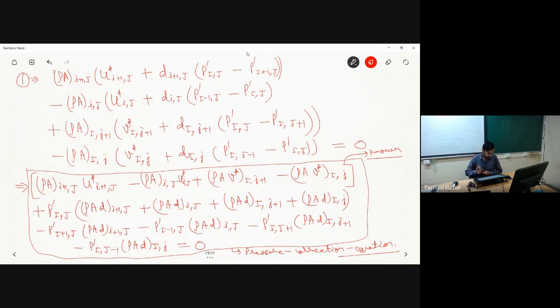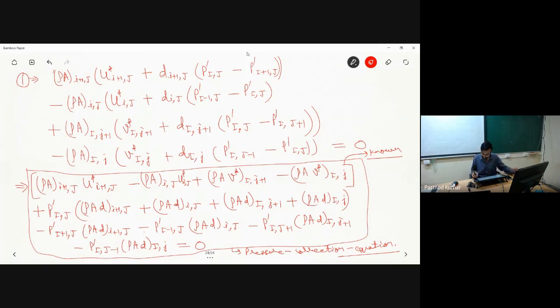Okay, now once we have obtained this pressure correction term, we will be substituting back and we will easily be able to find our velocity correction values.